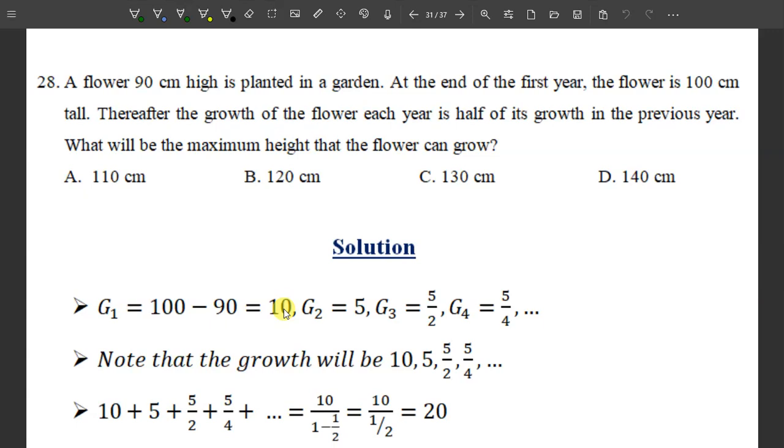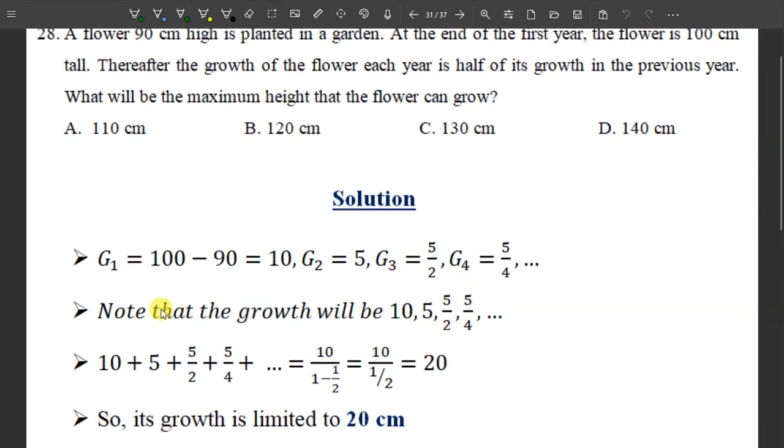And thereafter, the growth of the flower each year is half of its growth in the previous year, which means in the second year the growth is simply 5 centimeter only. It adds only 5 centimeter. After 3 years, the growth will become 5/2, and so on. This is a geometric sequence, as you can see. Therefore, the growth will be 10, 5, 5 over 2, 5 over 4, 5 over 8, and so on.